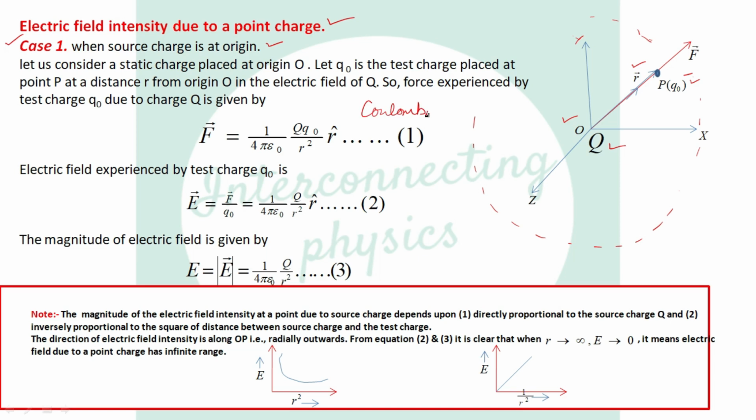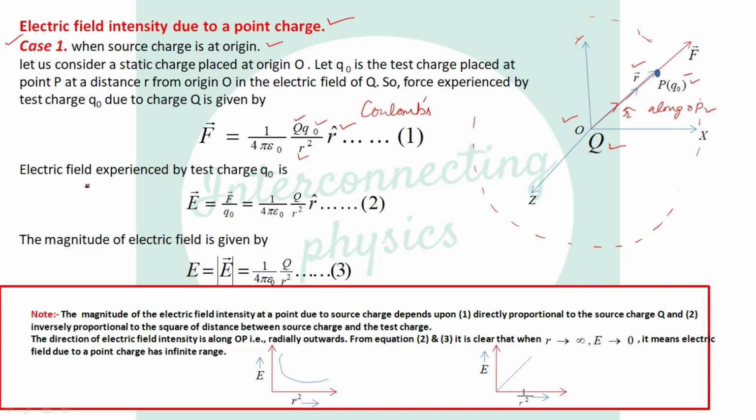So we write Coulomb's law as F vector equal to 1 over 4 pi epsilon naught. There are two charges, capital Q, small q. So capital Q, Q naught divided by R square, and the direction is given by a unit vector, that is R cap, and it is along OP.